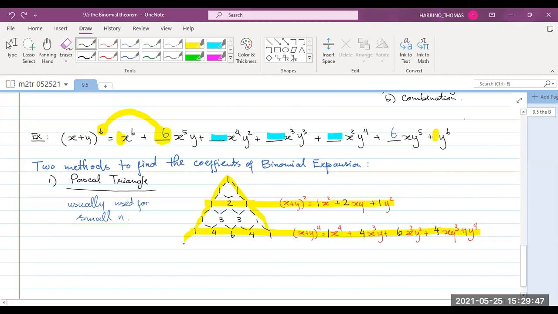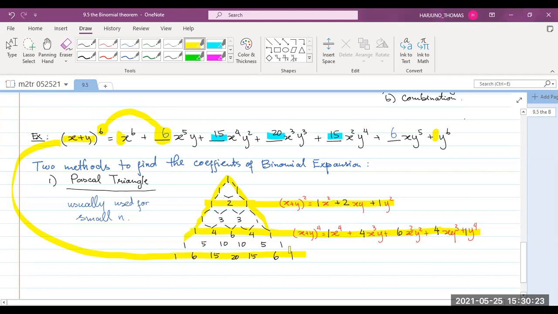Now, by extending, this is 1, 5, 10, 10, 5, 1, but that is to the power of 5, and this is 1, 6, 15, 20, 15, 6, 1. So this must be 15, 20, 15. Is it okay?